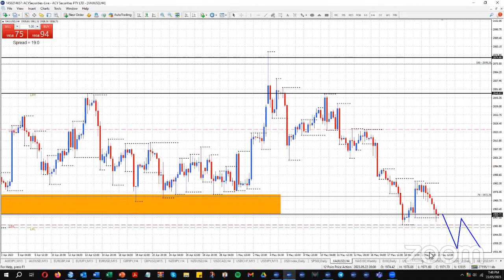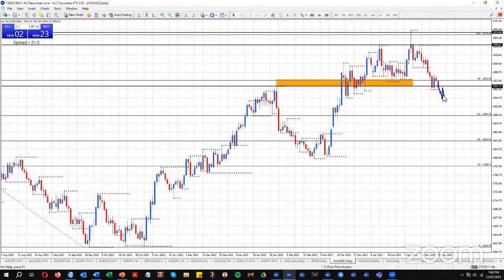Looking a bit negative, that gold. It's looking like it's topping out. So if support breaks, 1959, weekly support, that is the line in the sand. If that breaks, then we could well be moving all the way back down the range.